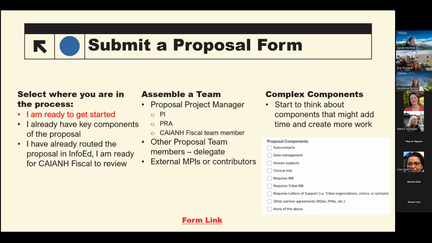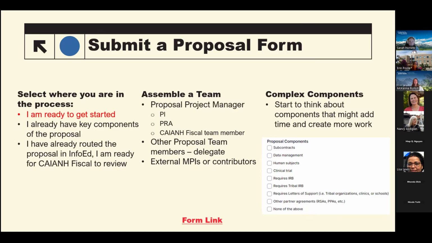So you navigate here when you're planning to submit a proposal. The form asks you to select where you are in the planning process to offer tailored support and guidance from the team. So you could select, I'm ready to get started, or I have the key components to the proposal, and I've already routed the proposal in InfoEd, and I'm ready for Cayenne to review.